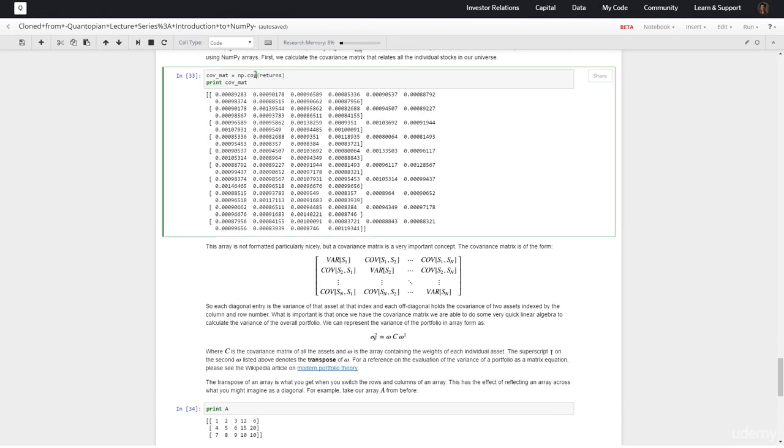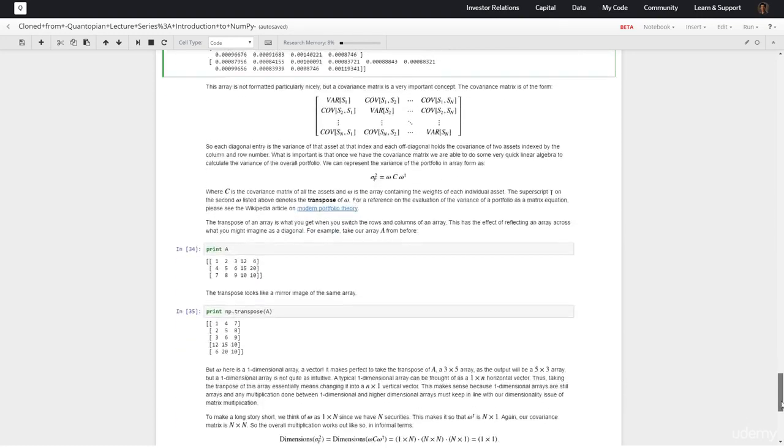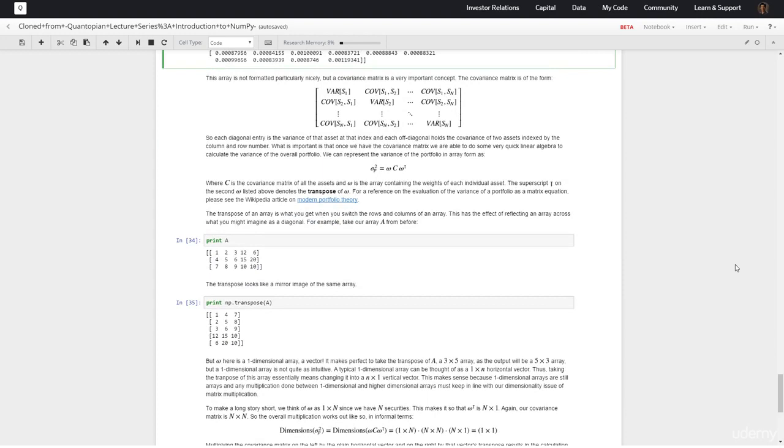We thankfully have a NumPy function called numpy.cov, which is NumPy covariance of the returns. When we calculate the actual matrix and print it out, here you have the actual covariance matrix itself. The array is not formatted particularly nicely, but a covariance matrix is a very important concept.